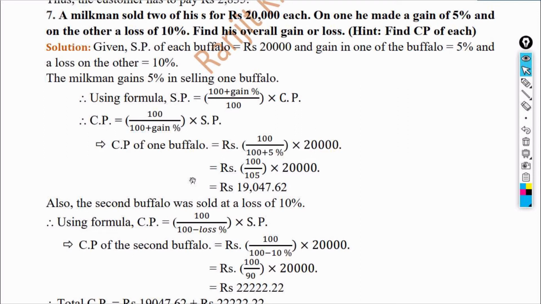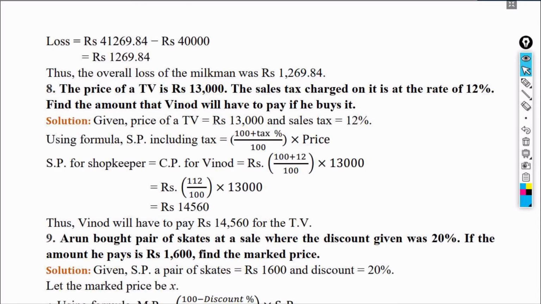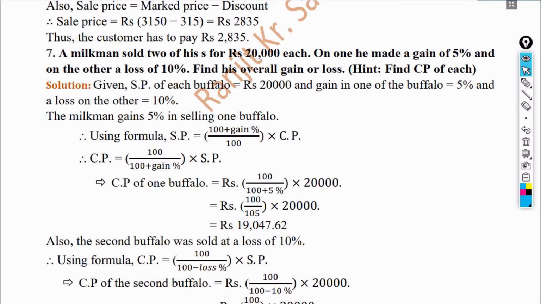First of all, in the first buffalo he has a 5% gain. Then find the CP of the first buffalo, that is 100 by 100 plus gain percent into SP. Selling price is given, rupees 20,000.